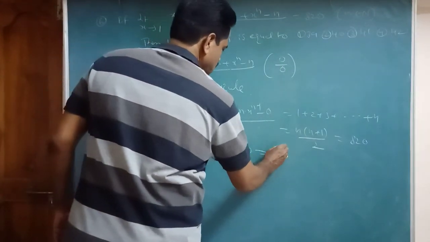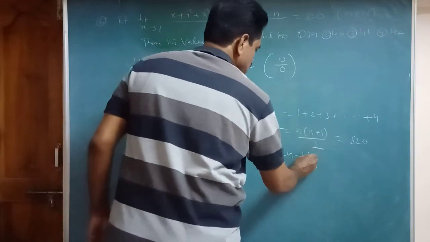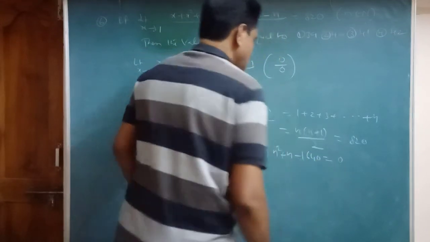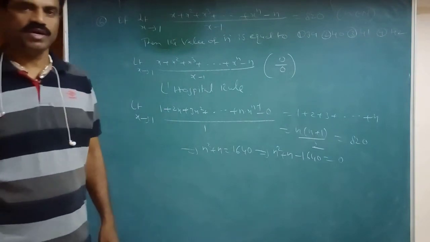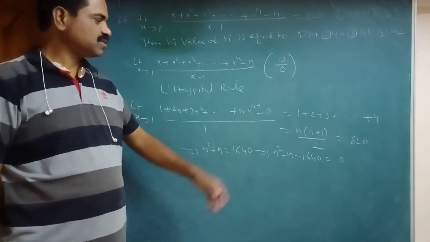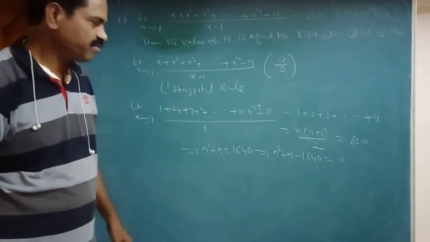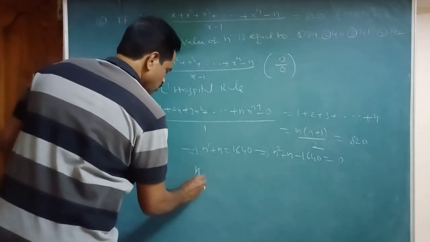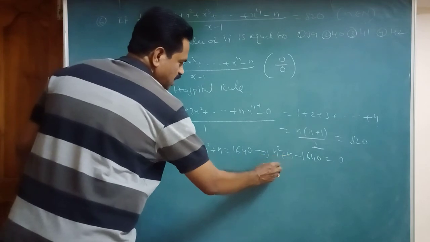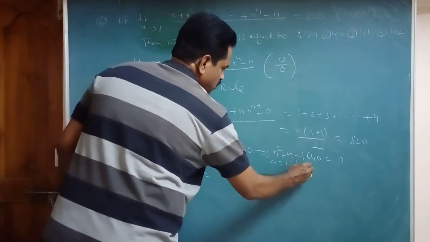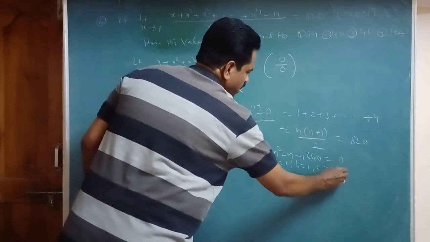So n square plus n minus 1640 equals 0. It is a quadratic equation in terms of n. The roots are x equal to minus b plus or minus under root b square minus 4ac, by 2a. Here a equals 1, b equals 1 and c equals minus 1640.